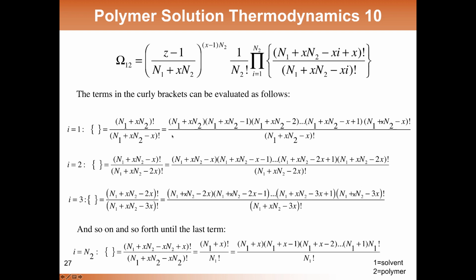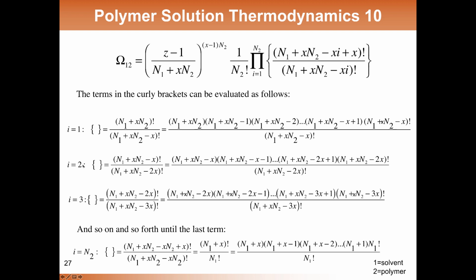And now if we come back and look at what terms are remaining. So for the i equals 1 case, it starts at n1 + xn2 and then counts backwards to n1 + xn2 - x + 1.